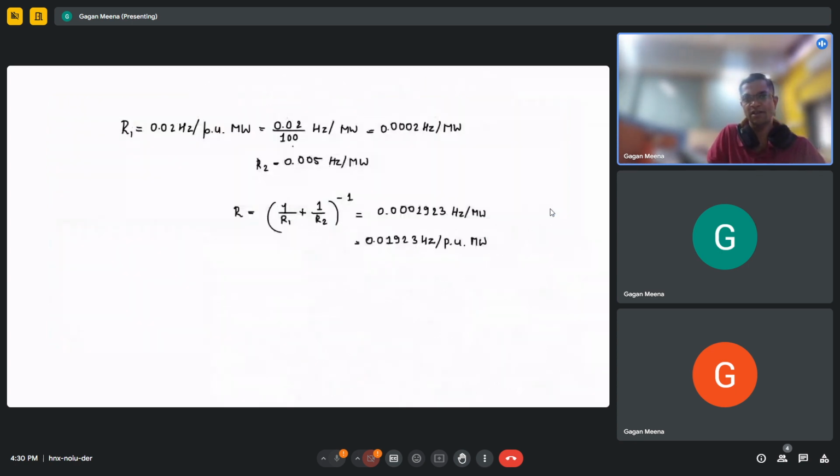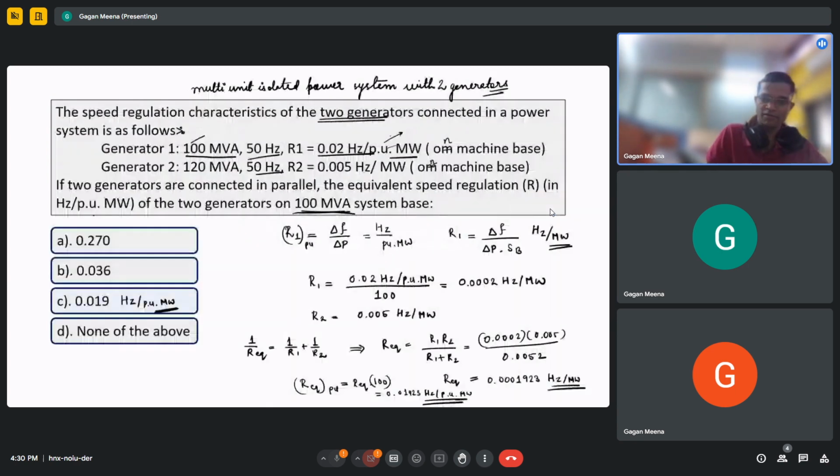Yeah, so the same thing is explained here also. The most important thing is this conversion into the base value. Suppose we want to do it the other way, that we want to first calculate the per unit of this, then how are you going to do that? We have already seen that per unit value in system base 1 multiplied by system base 1 is equal to per unit in system base 2 multiplied by system base 2.